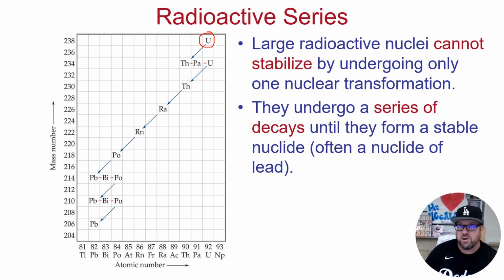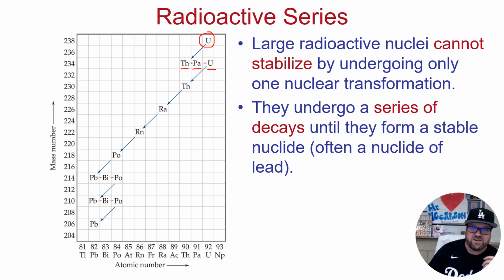Uranium-235 is unstable. It can't just undergo one radioactive decay process and be like, oh, I'm happy, right? It will turn into thorium, and thorium's still unhappy. So thorium will then turn into protactinium, and protactinium then turns into a different mass of uranium.